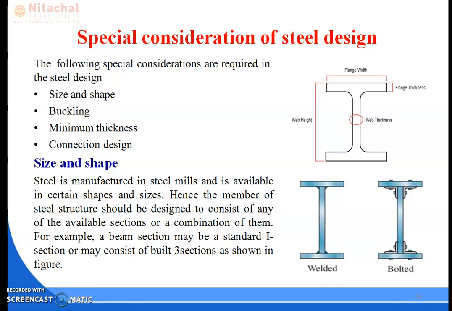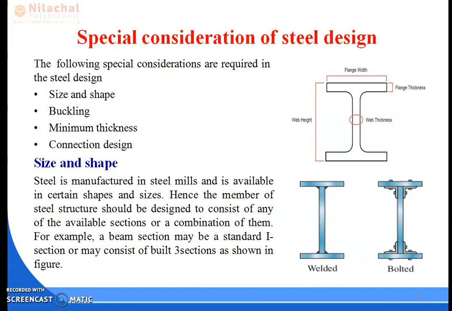In case of steel design, you will get a lot of considerations according to your code, which is IS 800-2007. So the general considerations you can get from the code.